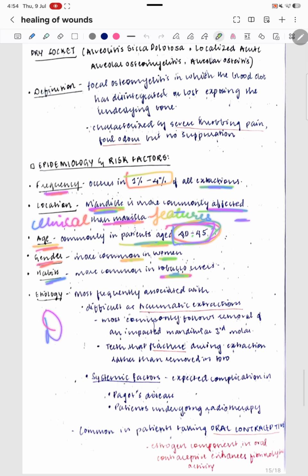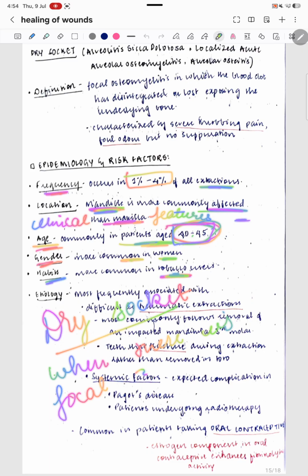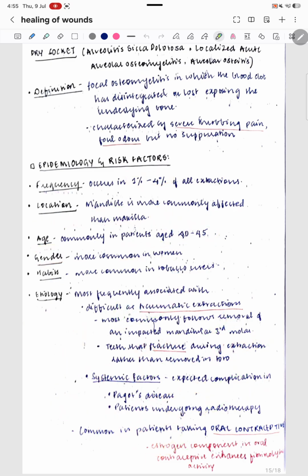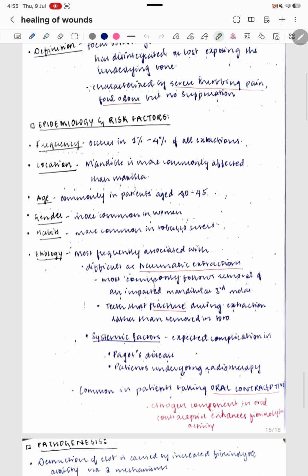So basically, if you start from dry socket, what do you write? Dry socket occurs when there is focal osteomyelitis, due to which there is a loss of blood clot, meaning the blood clot disintegrates, exposing the underlying bone.